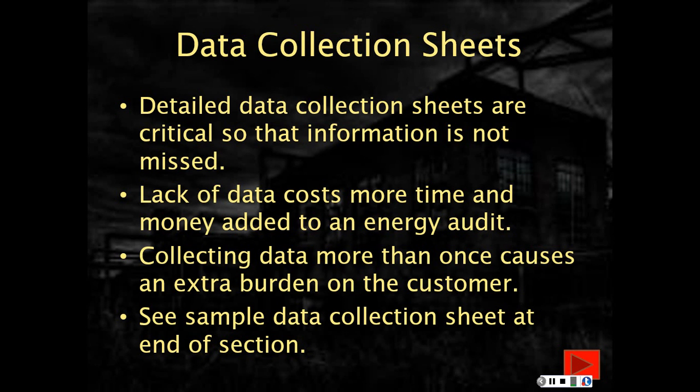When you finally get access to all the different spaces, it's critical that you make the most of going out and collecting data. So what we're going to do is take a quick look at the data sheet that you guys should already be familiar with from your load calculation class.